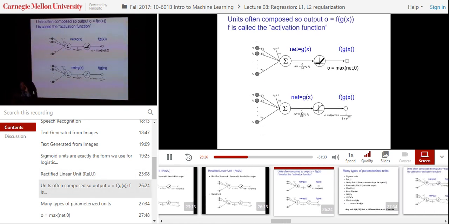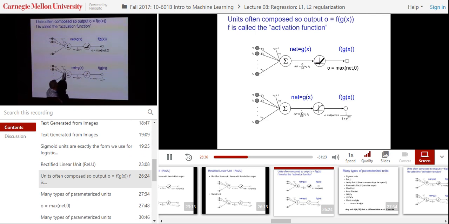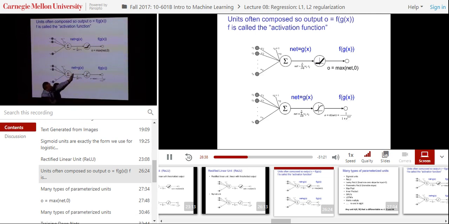Okay, and often you'll hear people talk about the activation function that they're using for their units, and often many of these units calculate their output in a two-stage process, like logistic function does, where there's first some computation, and then that leads to a single value, which is then passed through some kind of nonlinear or linear activation function.